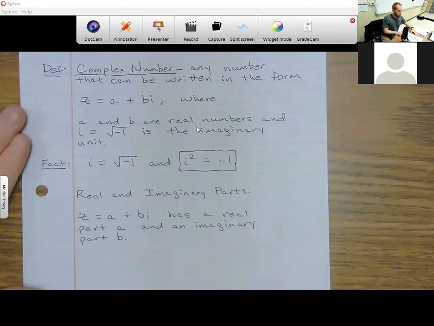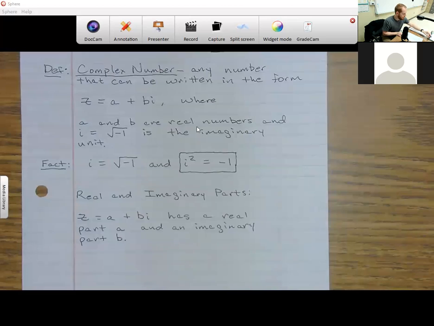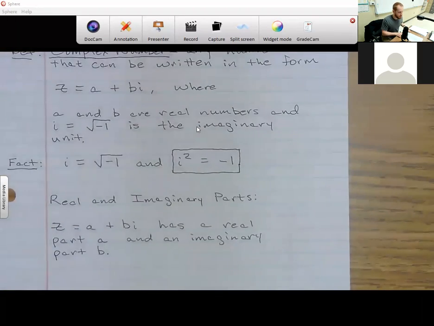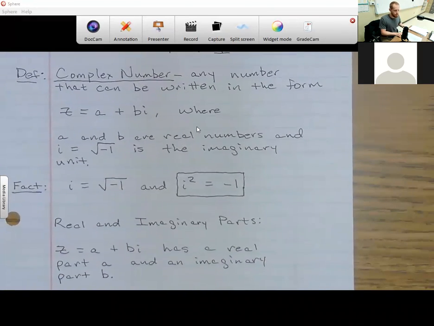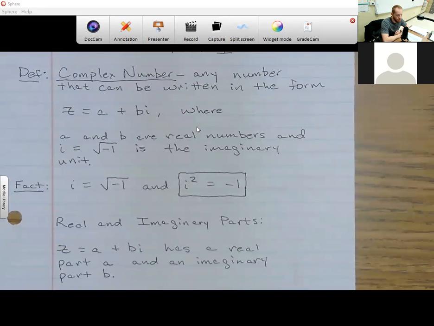So when we talk about real and imaginary parts, what I basically mean is I'm talking about a and b, okay? As you know, a and b are going to be real numbers.